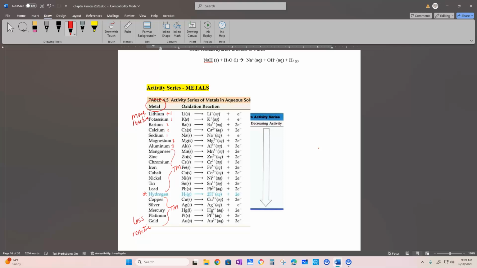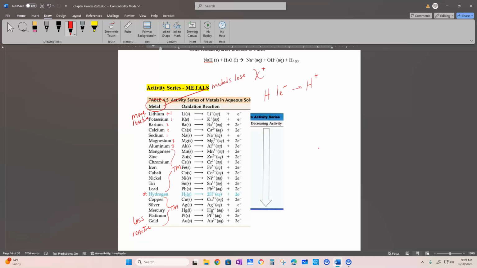But why the heck is hydrogen here? Well, you've got to remember, what do we know about metals from honors and CP? Metals lose electrons and become cations. Well, doesn't hydrogen do the same thing? Hydrogen only has one electron. And so when he loses that one electron, he becomes H positive.